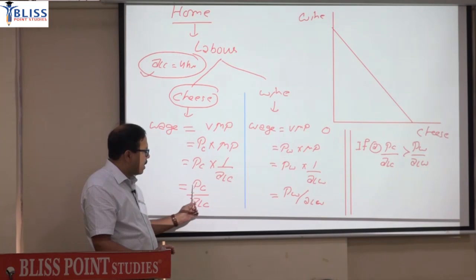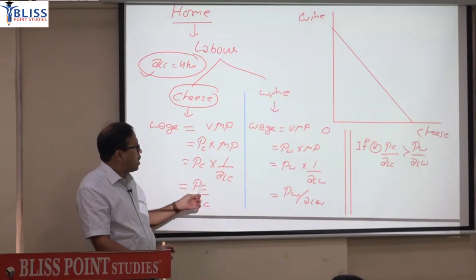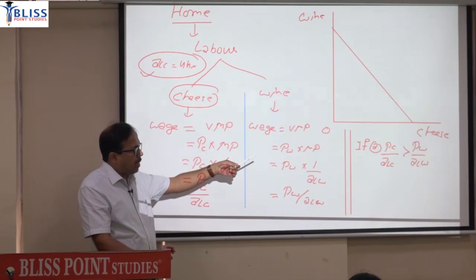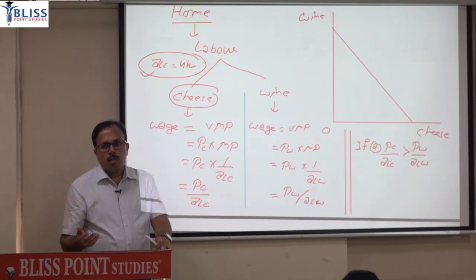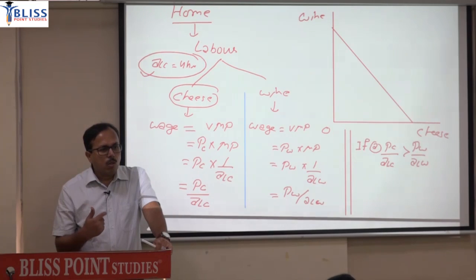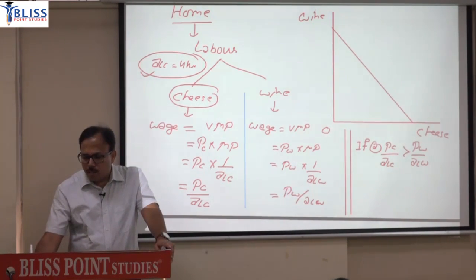This number is greater than this number. It means this is the wage in cheese. So that condition implies that wages in cheese are more as compared to wages in wine. So all labor will move to cheese, and the country will produce only cheese.